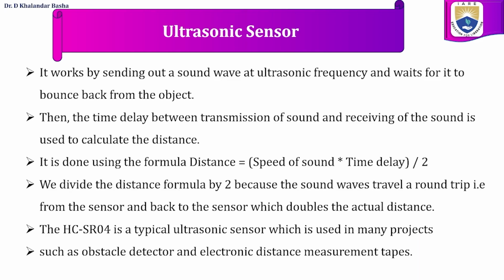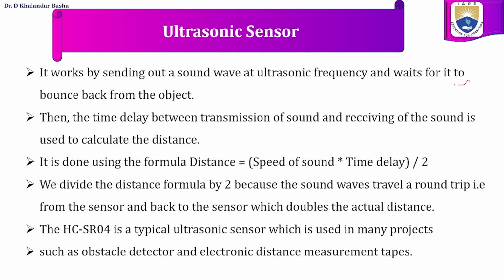It works by sending out a sound wave at ultrasonic frequency and waiting for it to bounce back from the object. The time delay between the transmission and the receiving of the sound is used to calculate the distance.